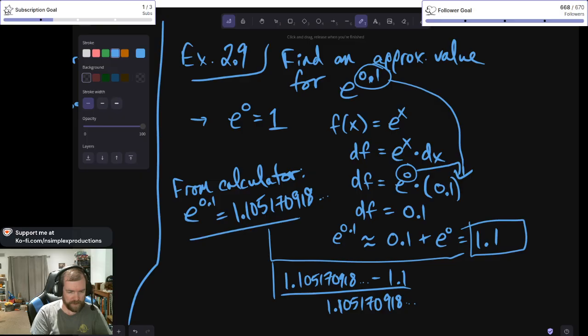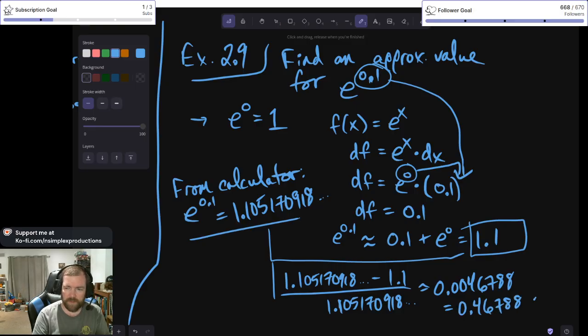Keep hitting the negative button. Is a 0.004788, good enough, right? Which is a percentage of 0.46788%. Again, within a 0.5% error, so that's very good.